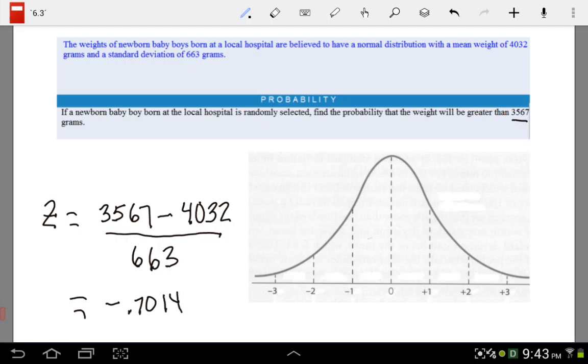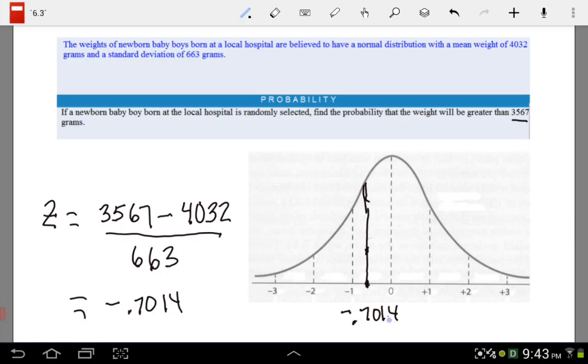So now, on our standard normal curve here, let's notice negative 0.7 is about right there. To answer our question, again, it was find the probability that the weight will be greater than 3,567.